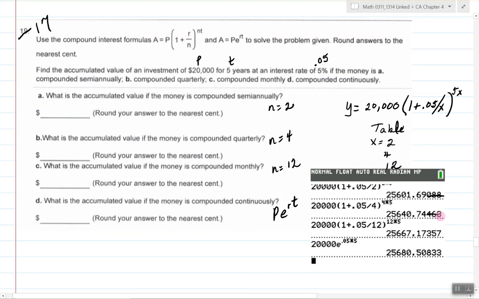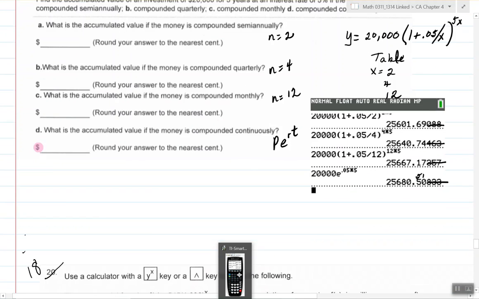Second answer, 74 cents. Third answer, 17 cents. But the fourth answer, that will become 51 cents. So if you like the idea of doing it all on the home screen, you certainly can do it that way. That might be better if you're not feeling real comfortable with using the calculator for it.